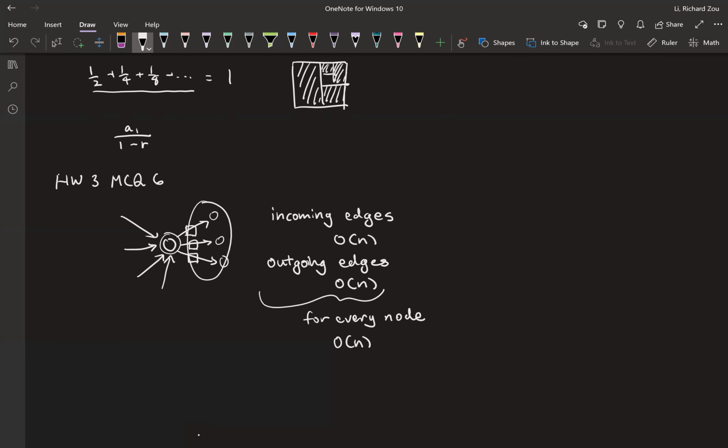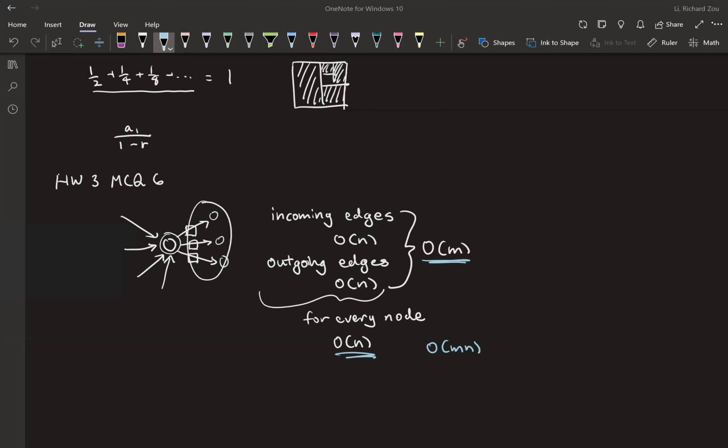I think because we're only considering edges here, these two, instead of counting them as O of n, should be counted as O of m. And so we finally get this for every node, and that should give you O of m times n. It's a little tricky, I think. If I had more time, I'd think about this more and formalize this thought process a bit more.